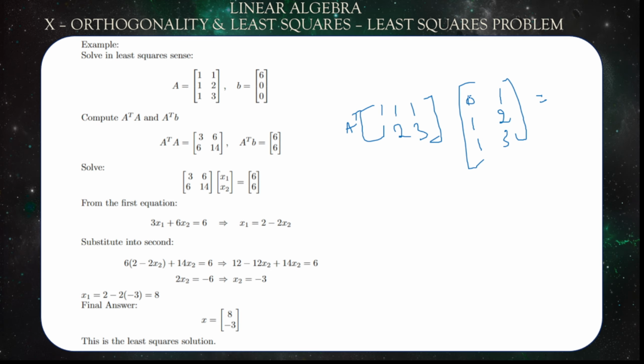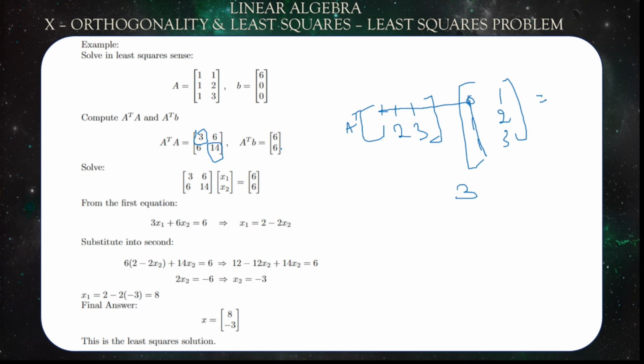Because for the first element, you have 1 times 1 plus 1 times 1 plus 1 times 1 equals 3. This is A11. Then for the second row, second column, 1 times 1 plus 2 times 2 plus 3 times 3, which is 1 plus 4 plus 9, or 14.